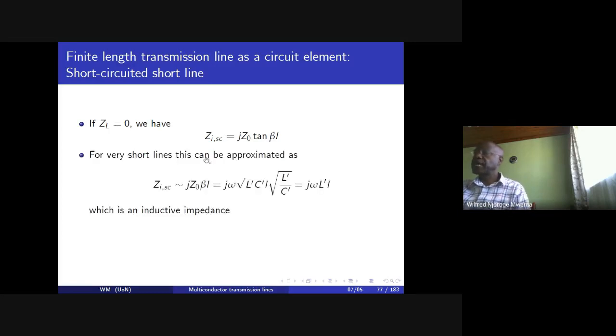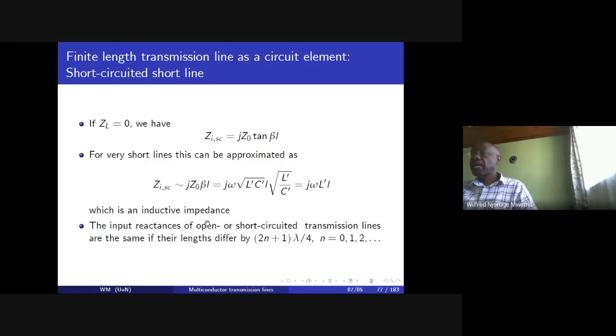For very short lines, tan beta L can be approximated by beta L, and therefore Zi short circuit is just going to be j Z0 beta L. We replace those by the appropriate expressions, and we see it's going to be an inductive impedance. L prime, which is inductance per unit length, and L being the length of the line, gives L prime multiplied by L as an effective inductance.